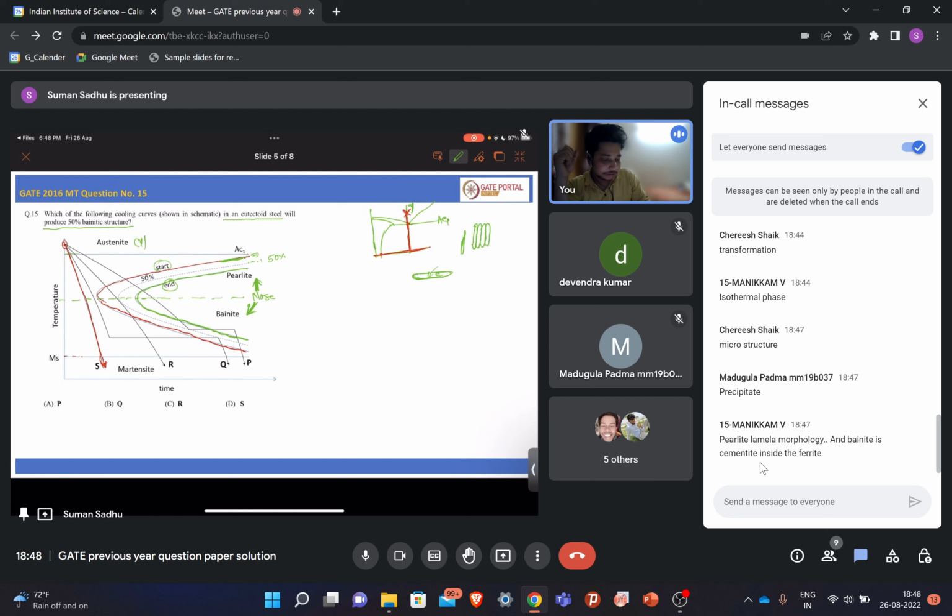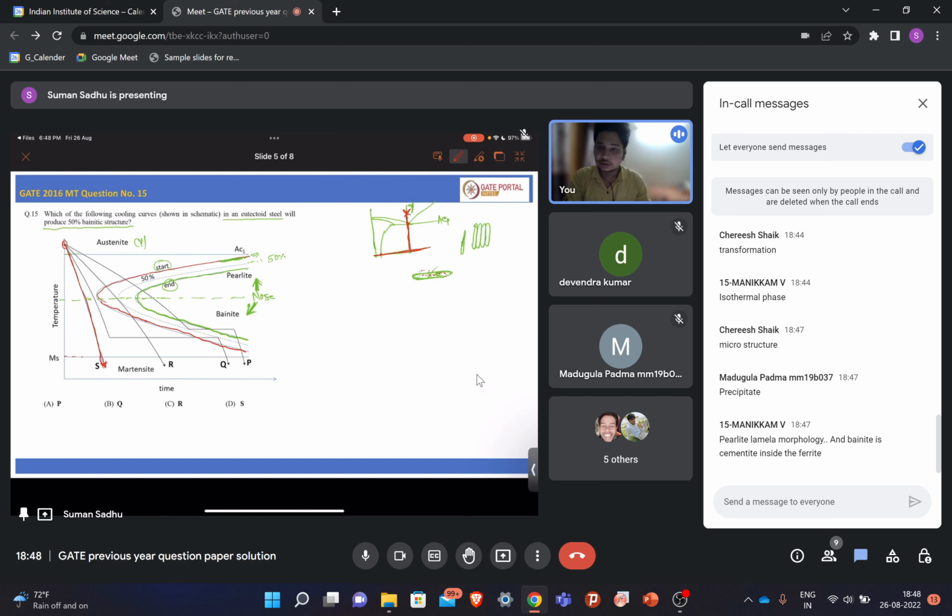But this is not an equilibrium condition, so carbon should precipitate out. Carbon can precipitate either inside the bainite shape or outside, depending on which temperature you are aging at. This part you can also understand from the CCT diagram.